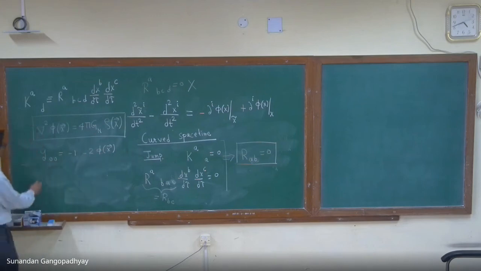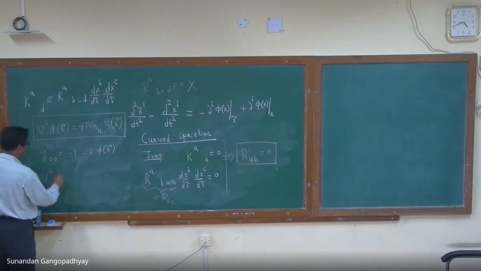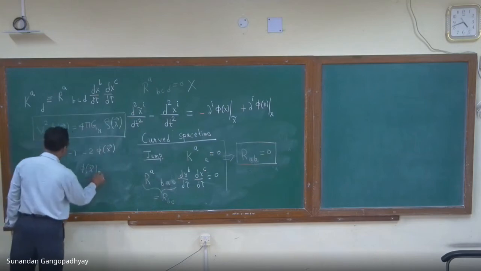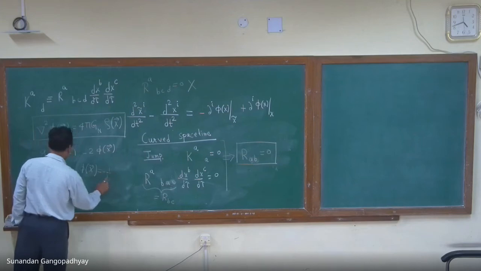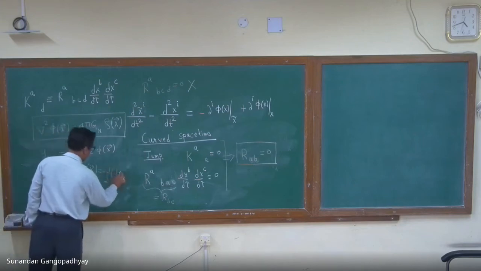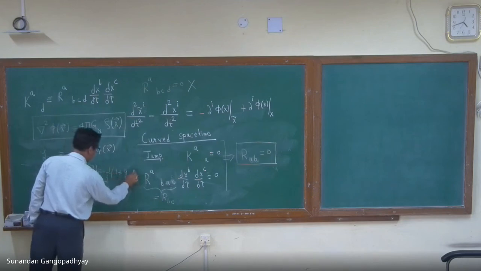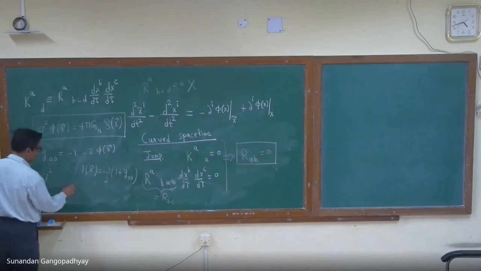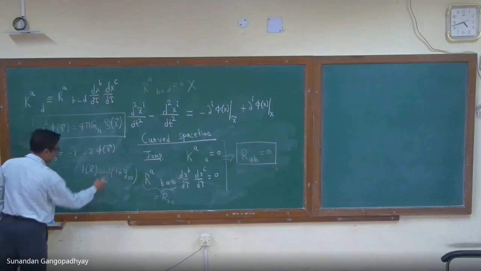If you do that, what you will get is the Laplacian acting on phi of x, which from here will be minus half g_00. Laplacian acting on the constant will go away.